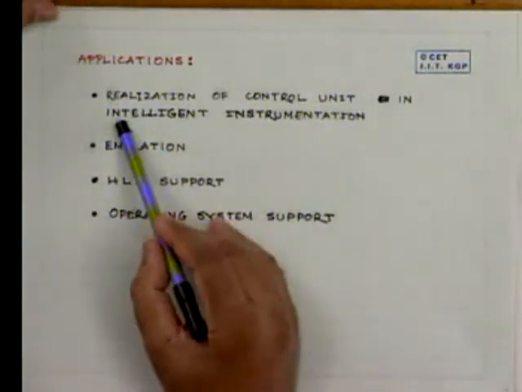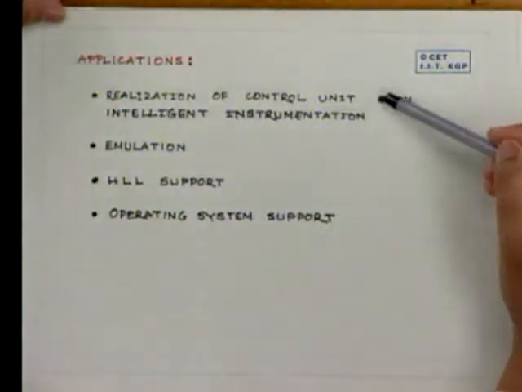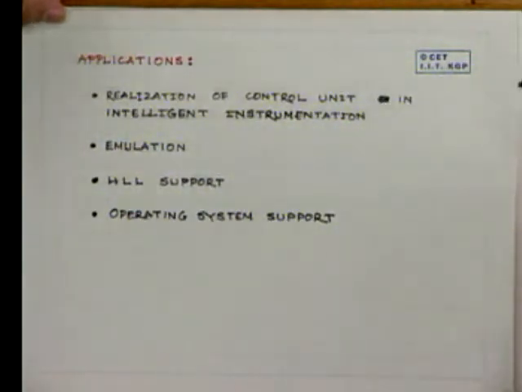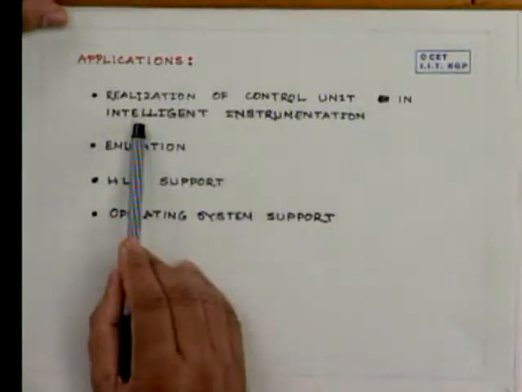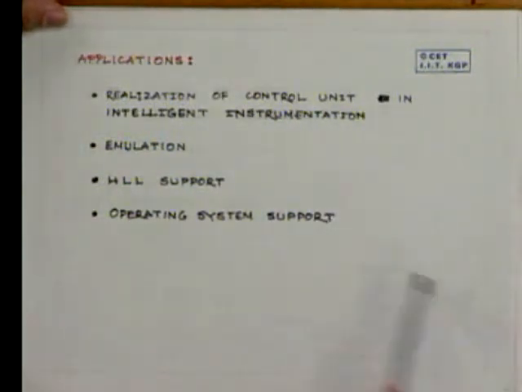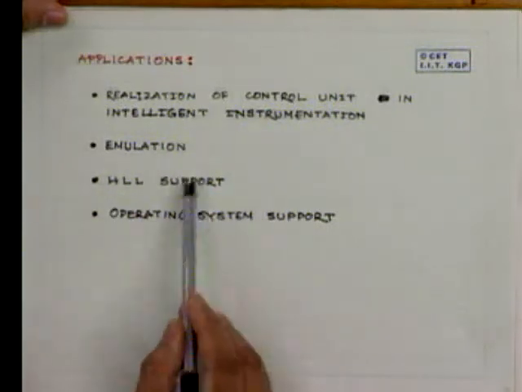For intelligent instrumentation, as I was referring to a little bit earlier, the microprogram control unit is used, and you can see that if you have the hardware known, if you have the control points known, according to your own choice, according to your own need, you can implement your own control to have your intelligent instrumentation, right?